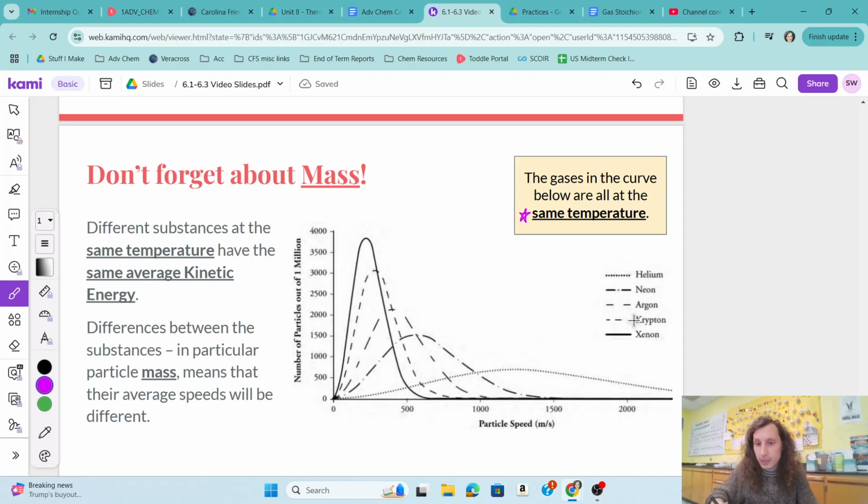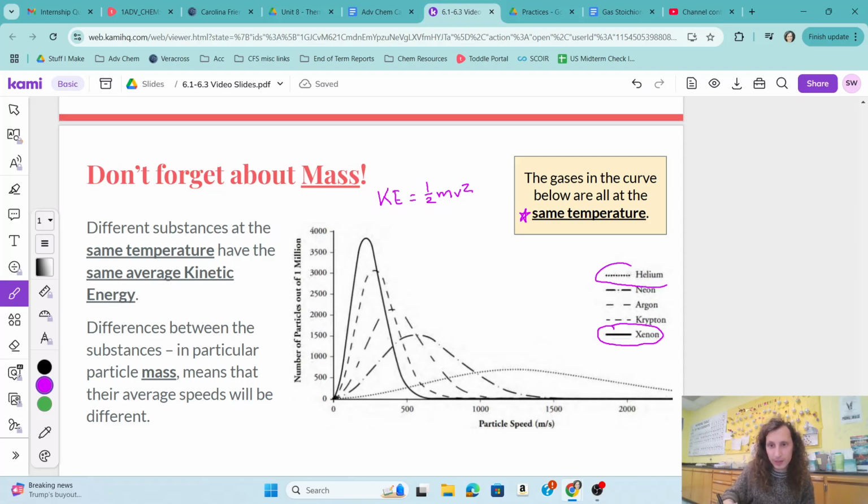We can see that this really heavy gas, xenon, has much slower moving particles. It's got heavier mass, so its velocities have to be lower if they're all going to have the same kinetic energy.